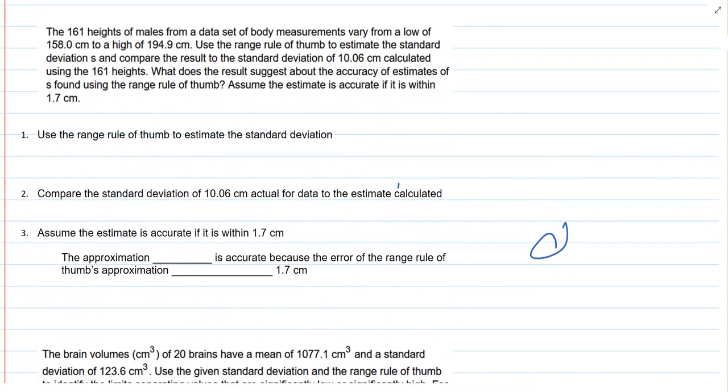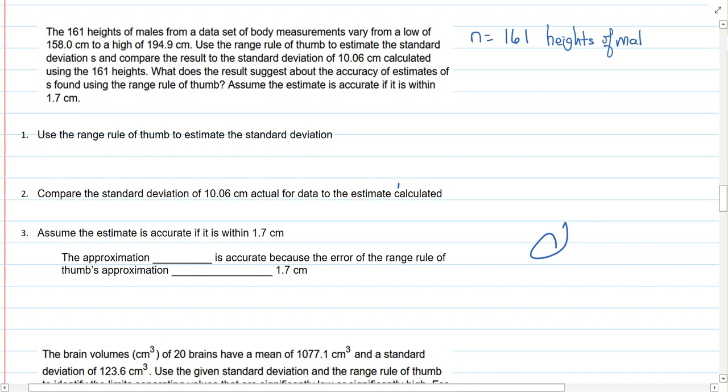So our first example reads, the 161 heights of males from a data set of body measurements vary from a low of 158 centimeters to a high of 194.9 centimeters.